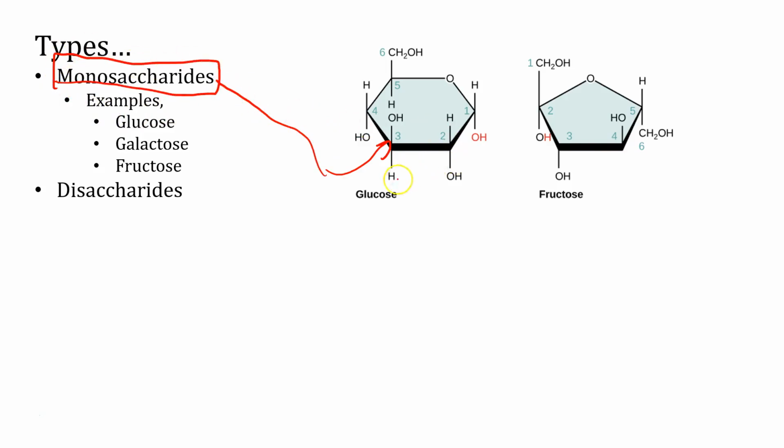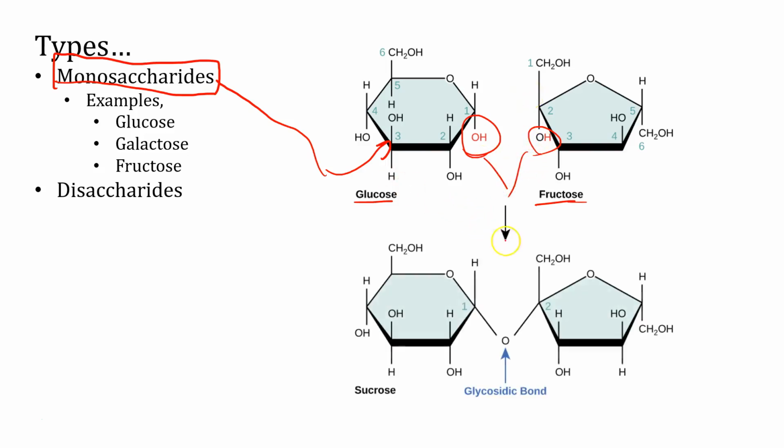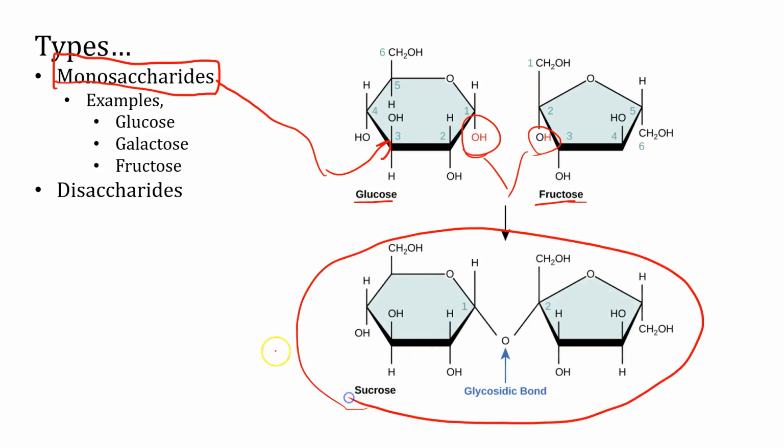So in this example, let's say we took a monosaccharide of glucose and a monosaccharide of fructose, and then the hydroxyl groups on these two combined and released water in the process, and then made a molecule that was 2 sugars linked together.